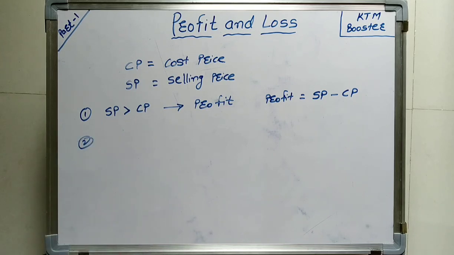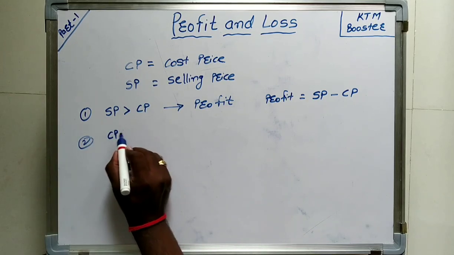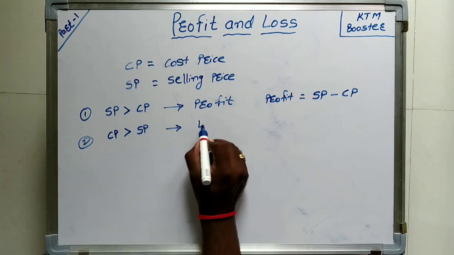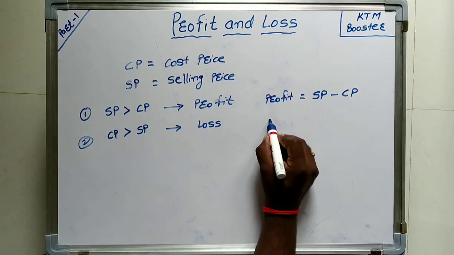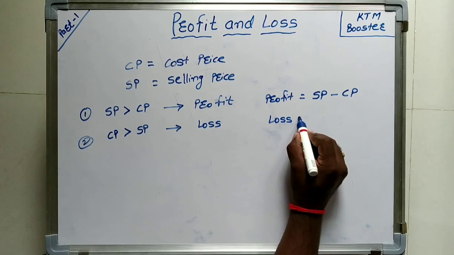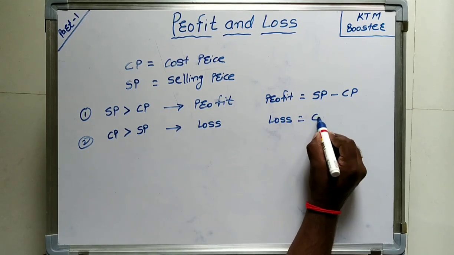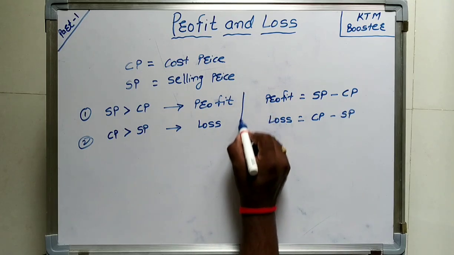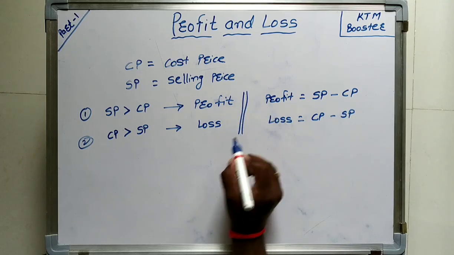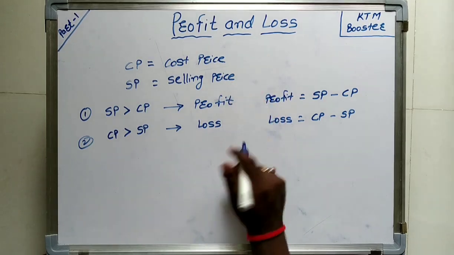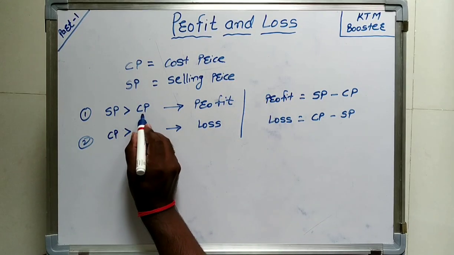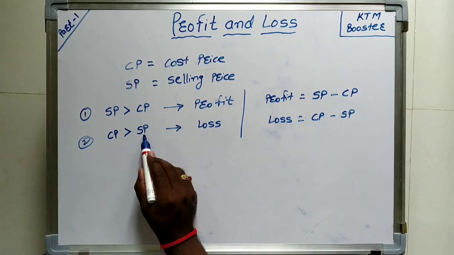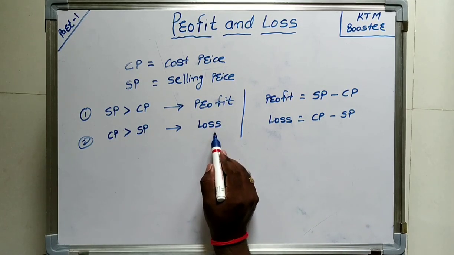Now second, if cost price is greater than selling price, then it will be a loss. Now how to calculate the loss? Loss equal to cost price minus selling price. Do you get this concept? Right? That is, if selling price is greater than cost price, then profit will occur. Then if cost price is greater than selling price, then loss will occur, isn't it?